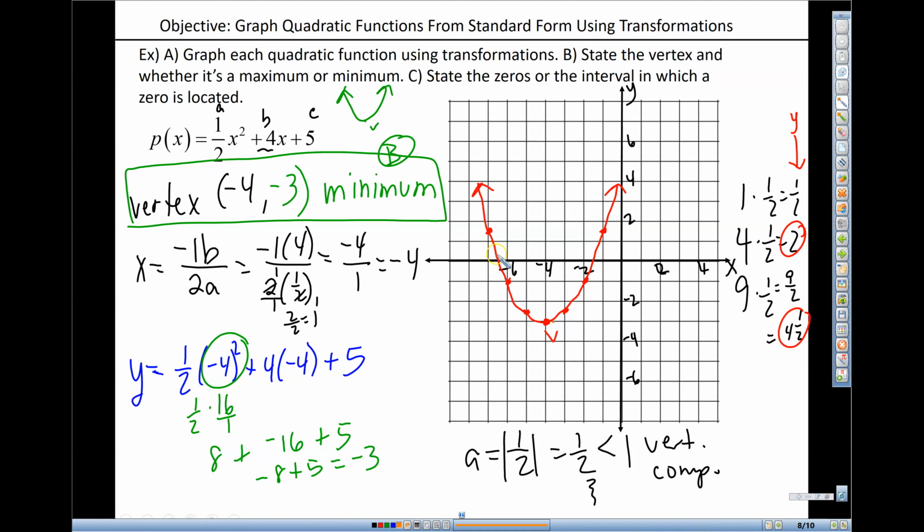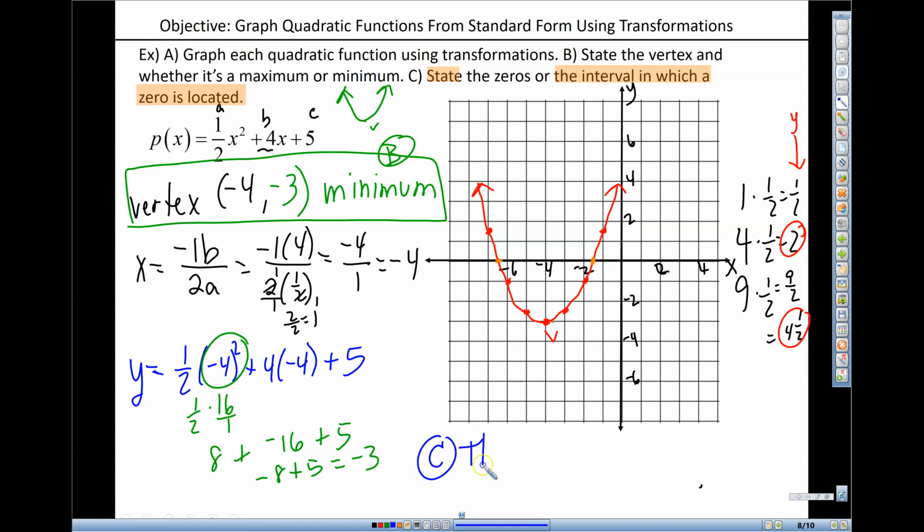So this time we're looking at zeros that are not integers. They're between integers. So here's where we're going to use that interval notation. It says state the interval in which a zero is located. If we can't say exactly what they are, then we say what interval they are in. So these are fractions or decimals of some kind. So for part C, the zeros, I don't say the zeros are, I say they are in the intervals.